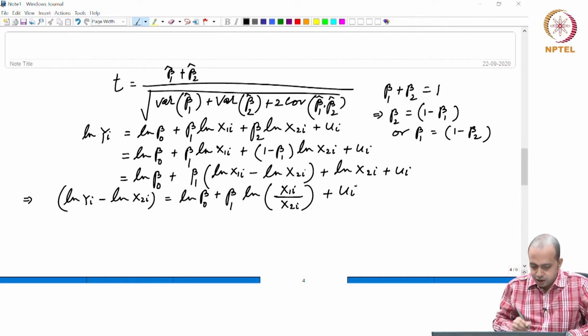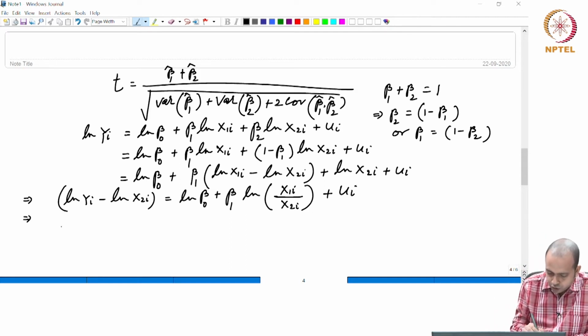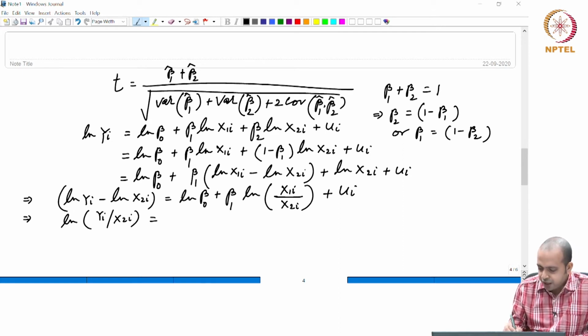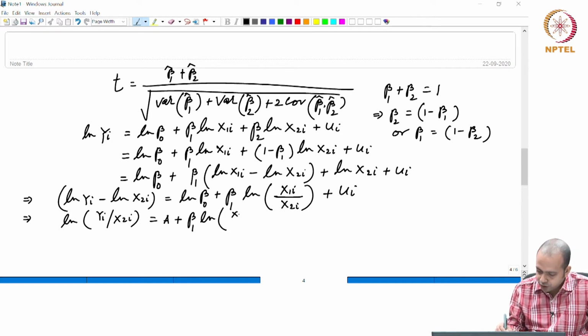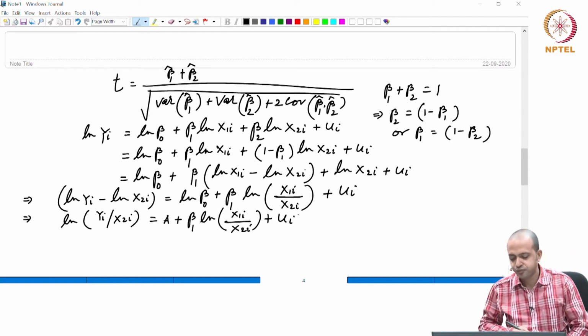And this would become log of yi by x2i equals, I can take log of beta 0 as some constant a, plus beta 1 log of x1i divided by x2i plus ui.